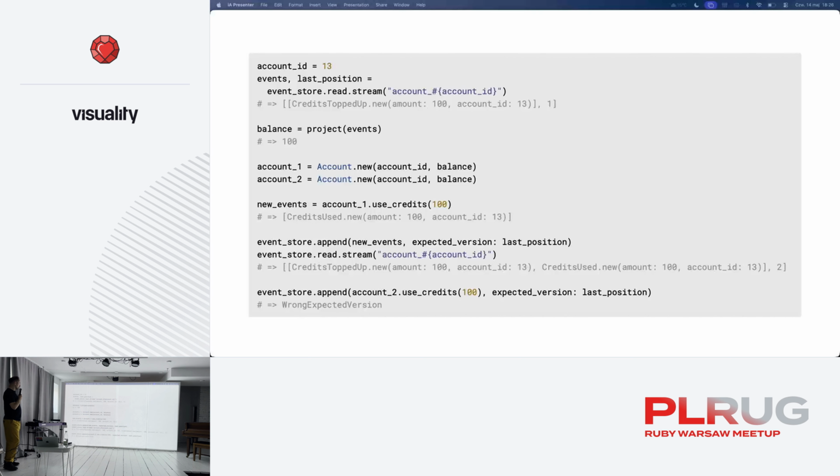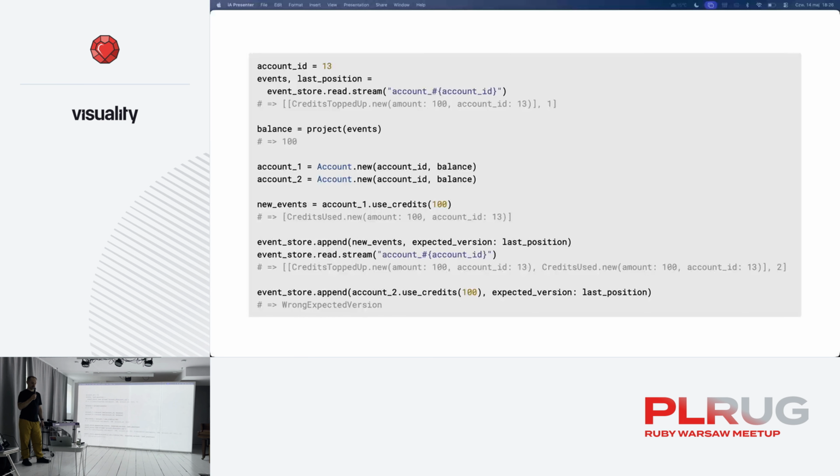We load those two accounts, use credits on the first account, and attempt to use credits on the second account. We base the decision to use credits on a particular shape of the state, a particular list of events from when we loaded that account. The first operation to use credits should succeed because we had enough credits at that time. The second should fail because in the meantime the situation changed.